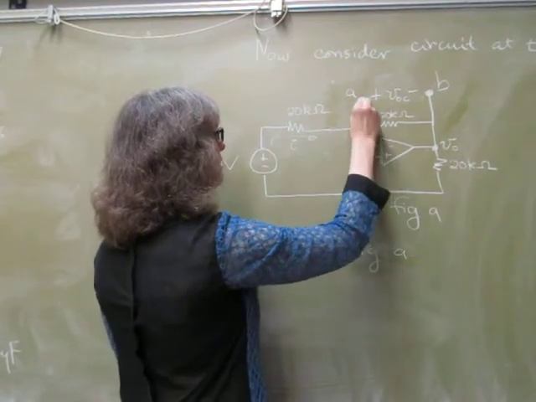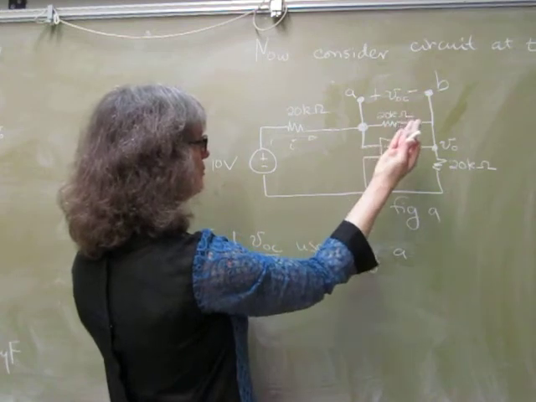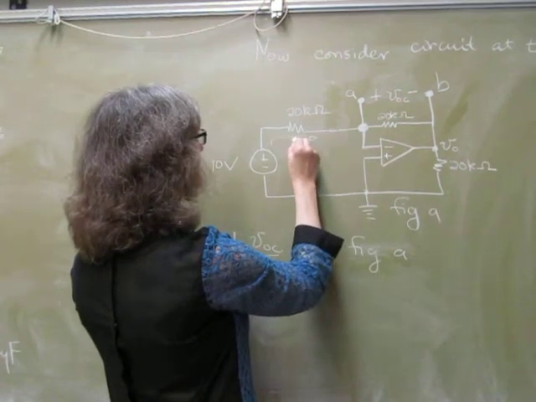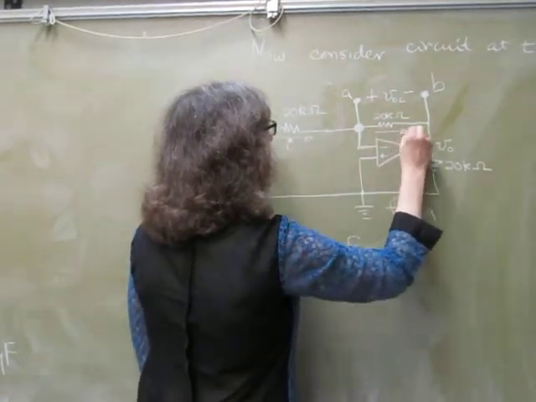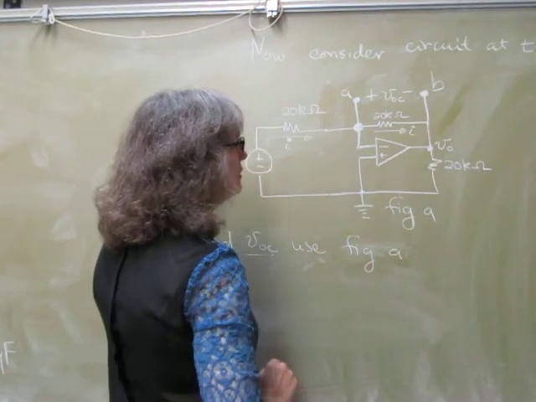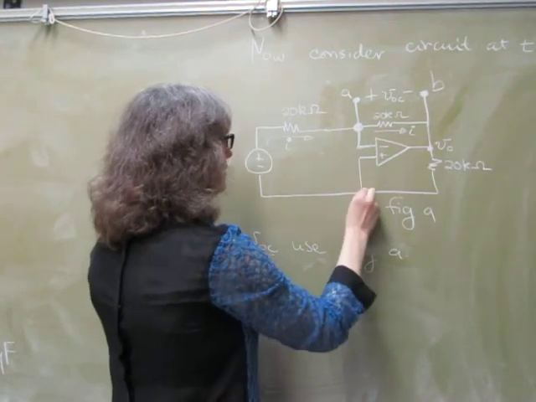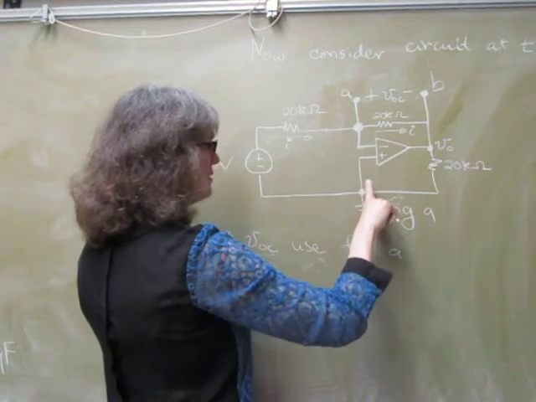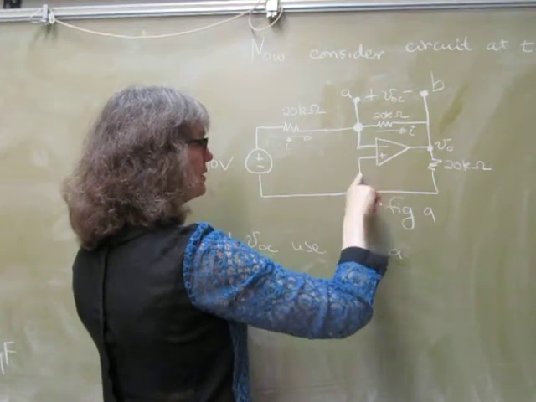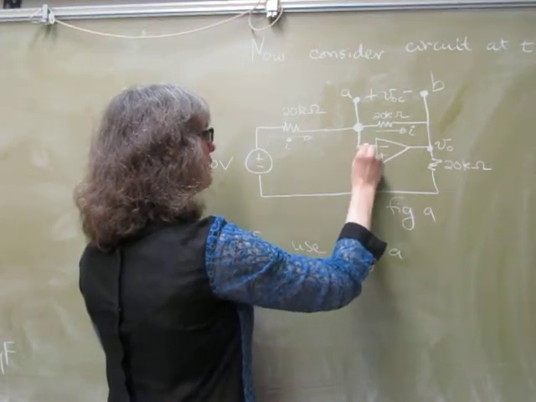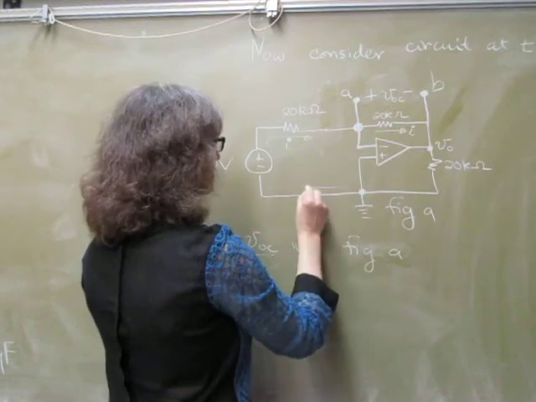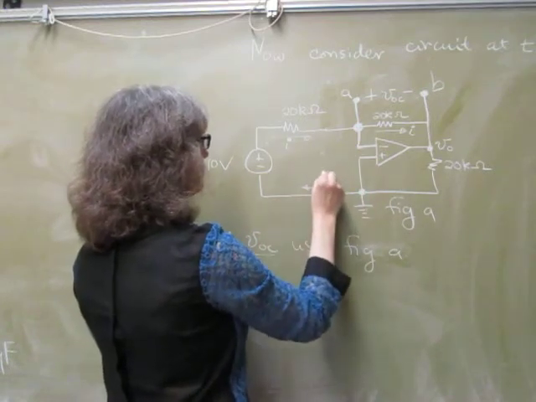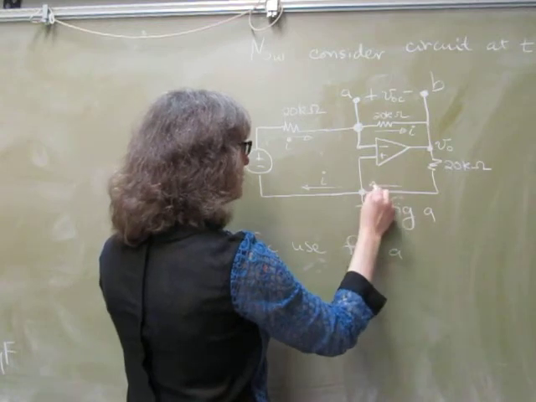It can't go this way because that's just an open circuit. There's no place for it to go. So this current here has to be the current here as well. And then if we look at this node here, again, this is 0 because it's going into the non-inverting node of the op-amp. And this is just going backwards. This is I. That means this has to be I.